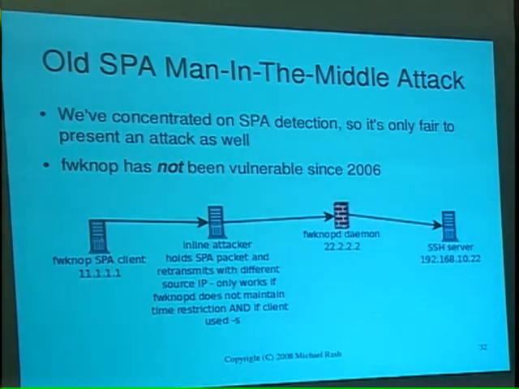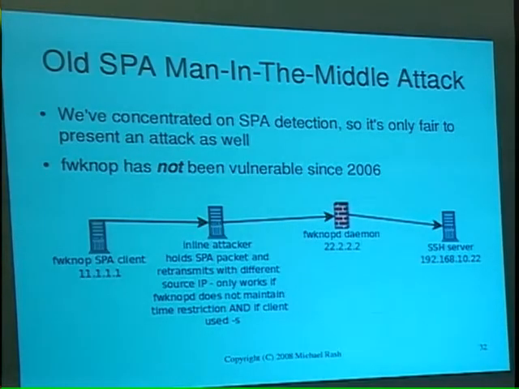The client probably just realized, oh, maybe my packet got lost somewhere. So the client sends a new SPA packet, which is now different. The attacker says, oh, that's okay, I'll let this one through. Then the server side would open up port 22, and the client would have no way to know that the original SPA packet was intercepted.